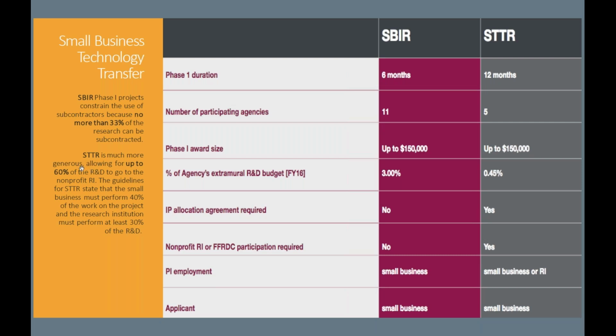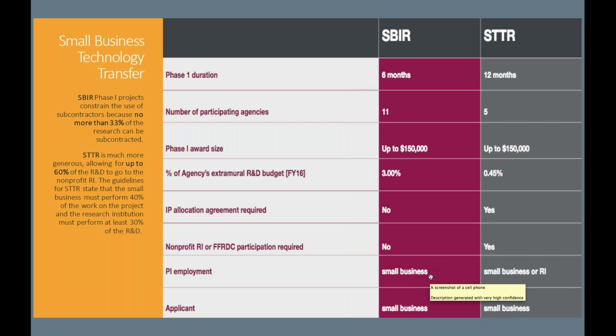So that's how SBIR and STTR differ. That's really the critical difference: what percentage of that work, of that deliverable, is done within the small business, and how much can a partner institution go forward and do. So the PI down here, looking at the bottom of this chart, that's the principal investigator.